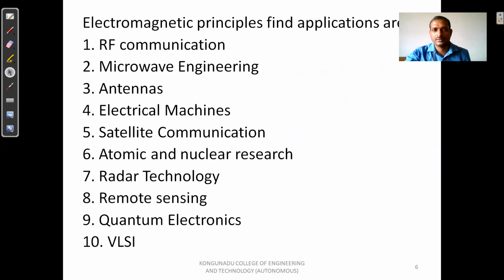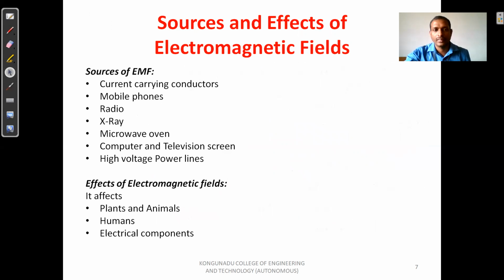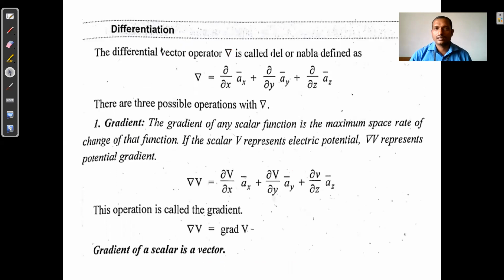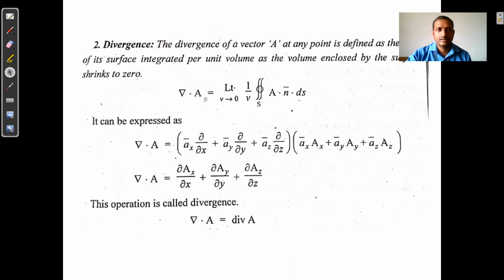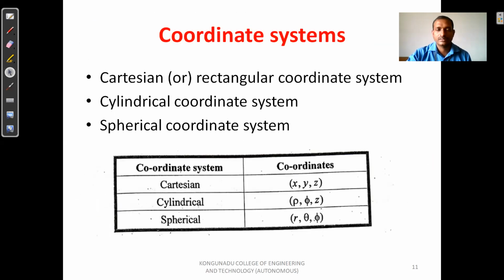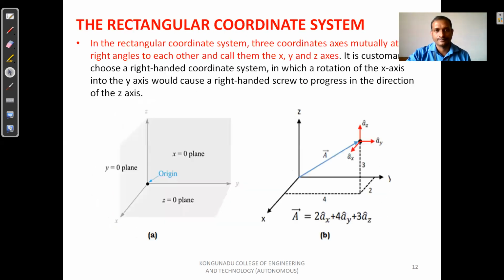These are basic applications of electromagnetic principles. Sources and electromagnetic fields. Under different operations with the del operator, we discussed gradient, divergence, and curl, and the coordinate systems: Cartesian with axes x, y, z; cylindrical with axes rho, phi, z; and spherical with r, theta, phi.